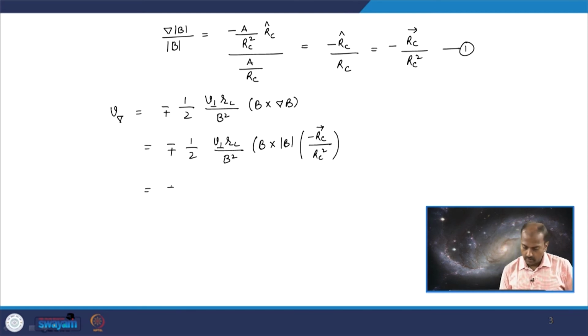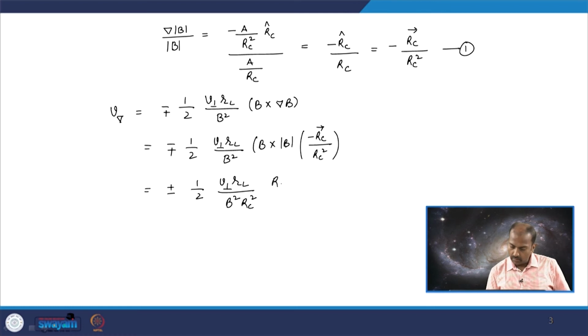Which is equal to plus minus, there is a minus and the cross product can be rewritten: V perpendicular RL divided by B square RC square times RC cross B into B. So, we cancel this B.